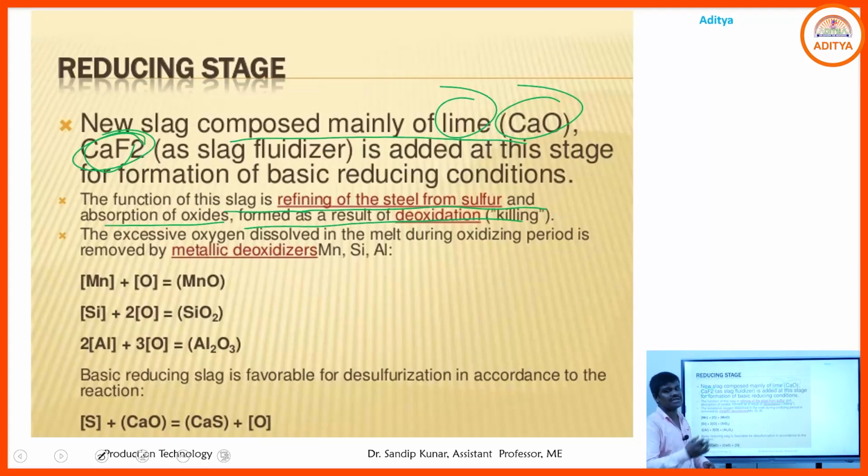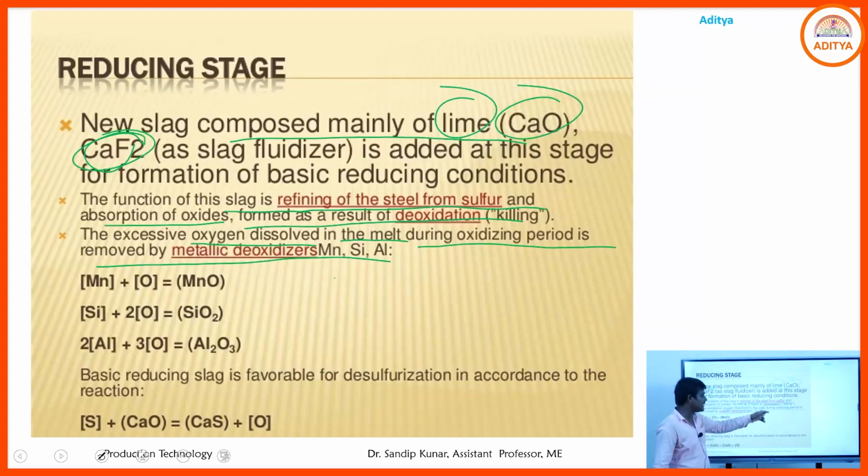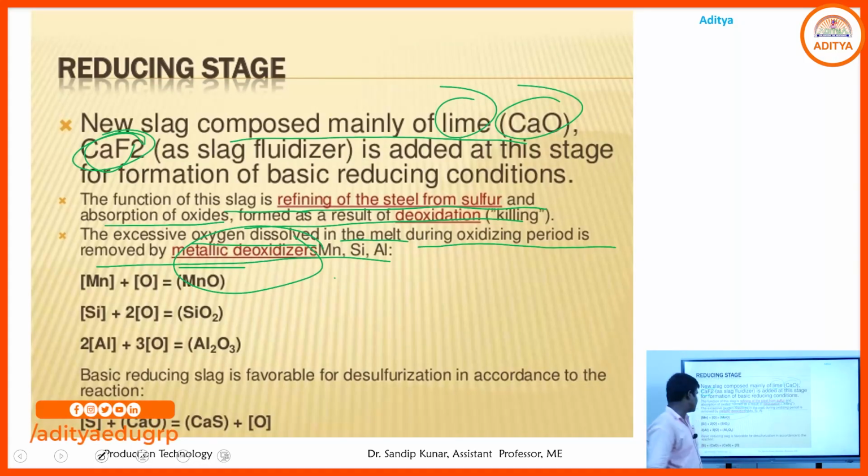Again, oxide will not form, and the excessive oxygen dissolved in the melt during the oxidizing period is removed by metallic deoxidizers: manganese, silicon, aluminum. Using metallic deoxidizers and the slag, we easily remove the oxides from the molten metal.